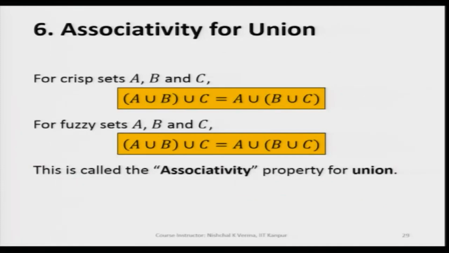Now, let us go to the associativity property for union. As we already know, for crisp sets A, B and C, we have this equality as the associativity for union, meaning (A union B) union C is always equal to A union (B union C).